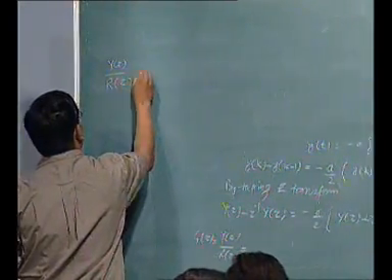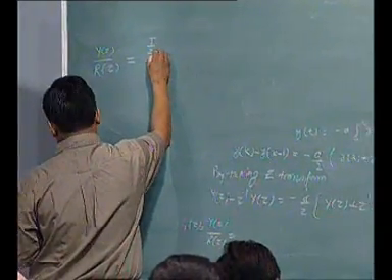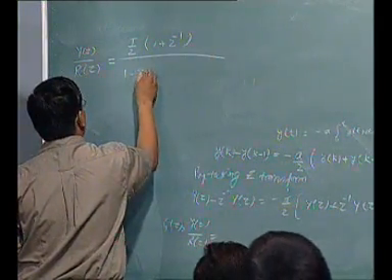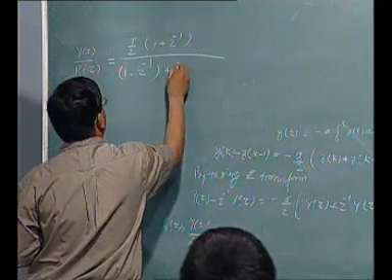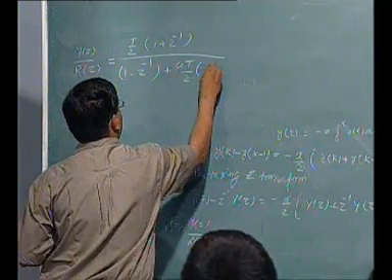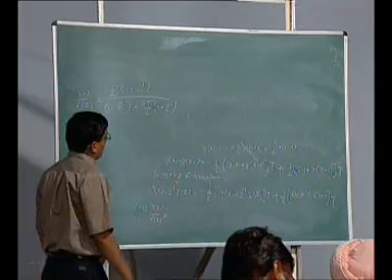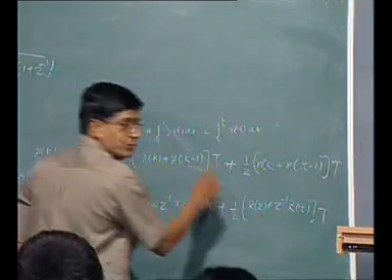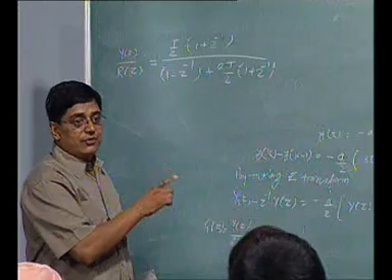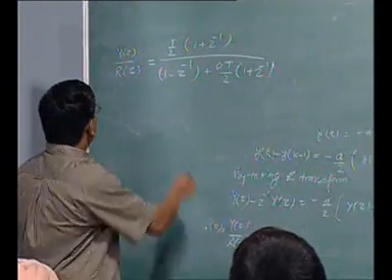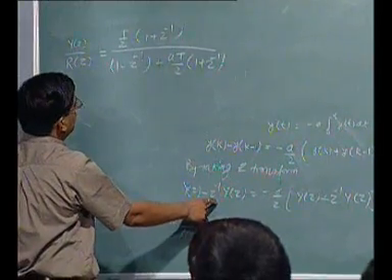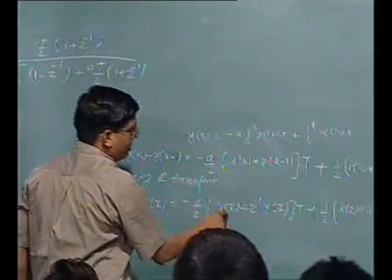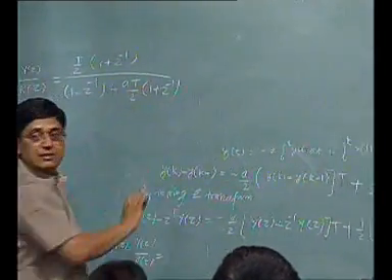Y(z) over R(z) is coming out as T by 2 (1 plus z inverse) upon (1 minus z inverse) plus a T by 2 (1 plus z inverse). See here, (1 plus z inverse) into T by 2 is the numerator coefficient of R(z), and for the denominator this is 1 minus z inverse plus a T by 2 (1 plus z inverse). Is it clear to all? Yes.